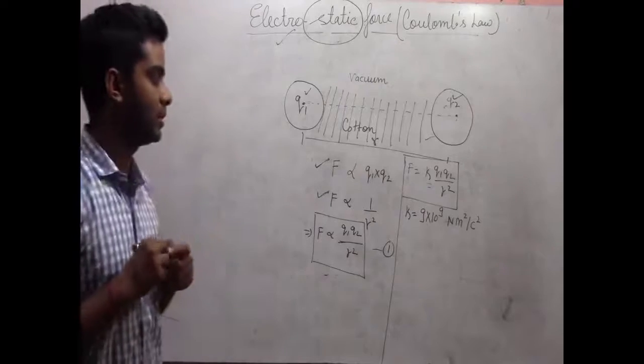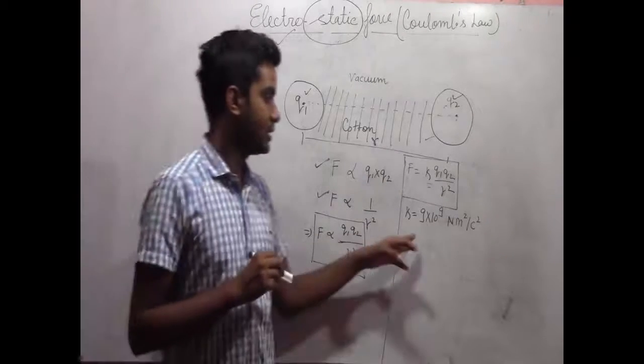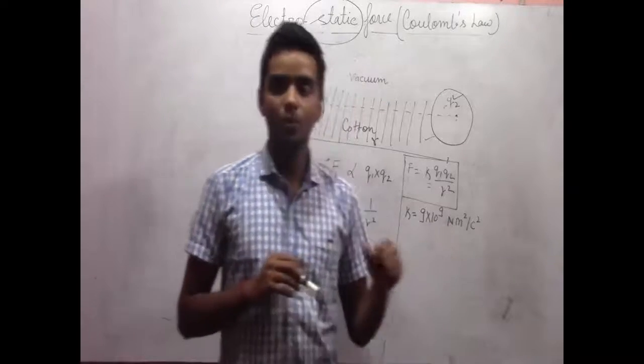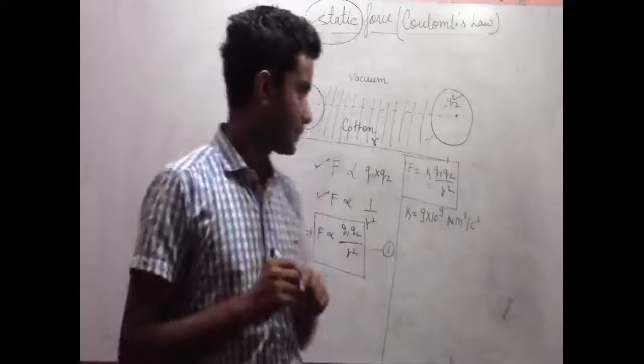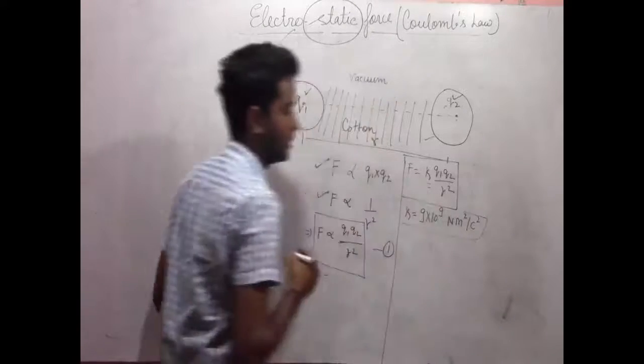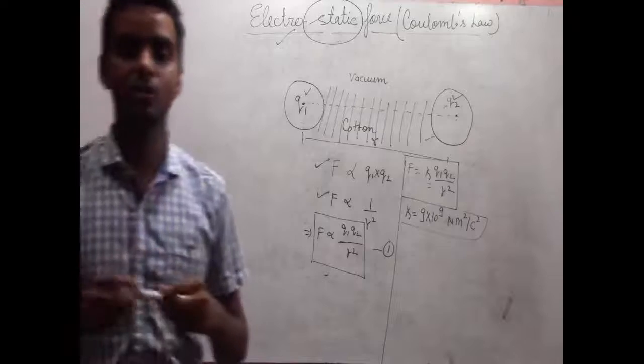Just remember its unit. This is the value of K, and K is a proportionality constant.